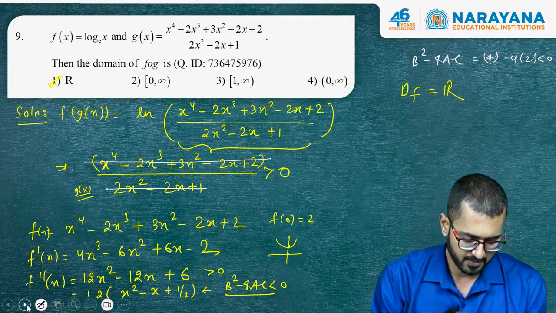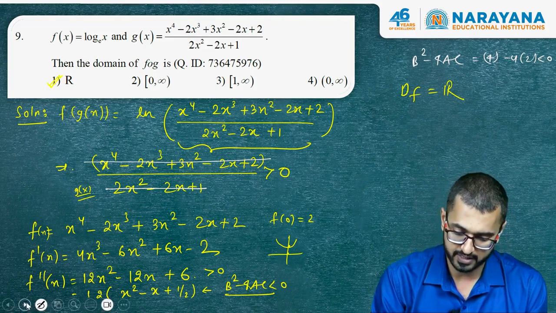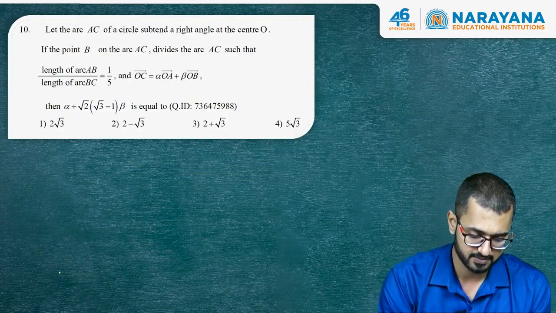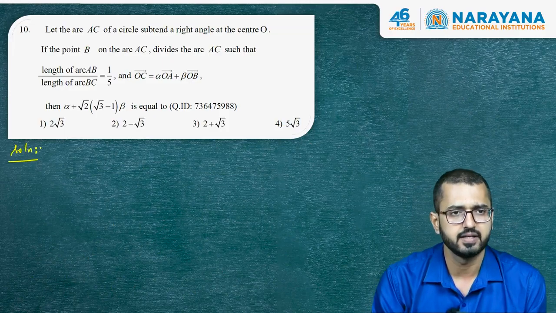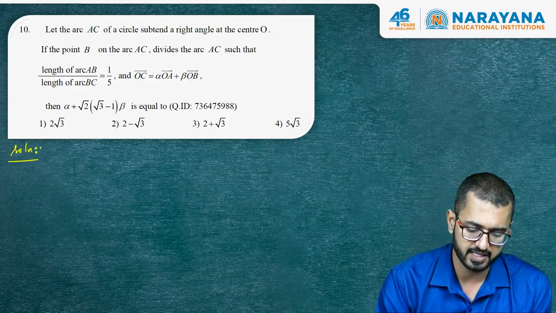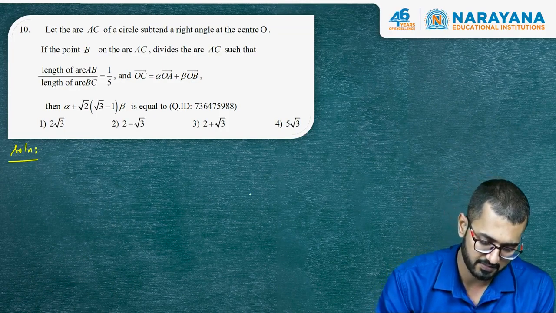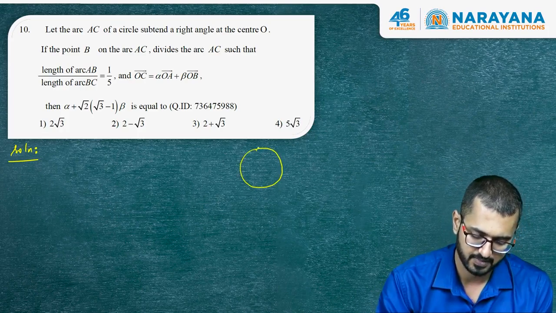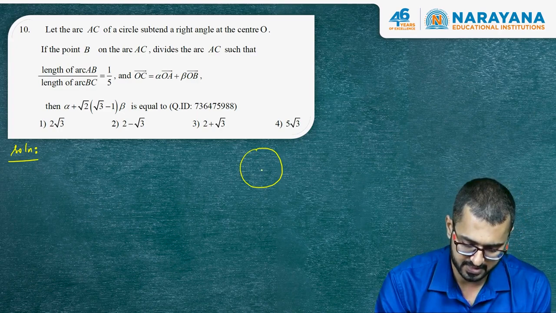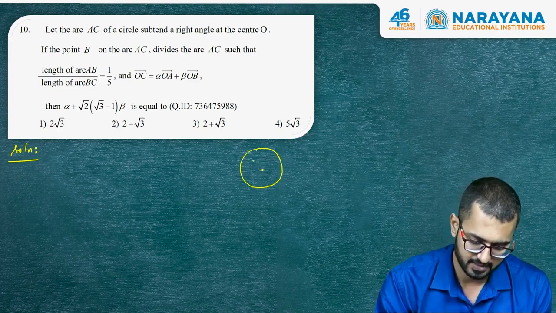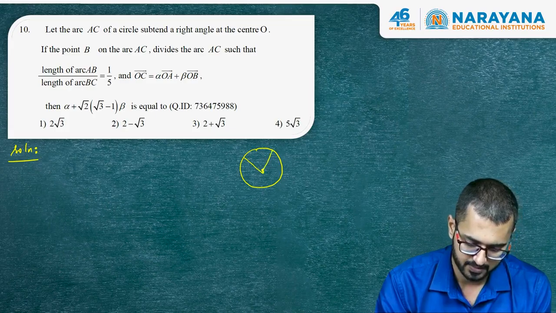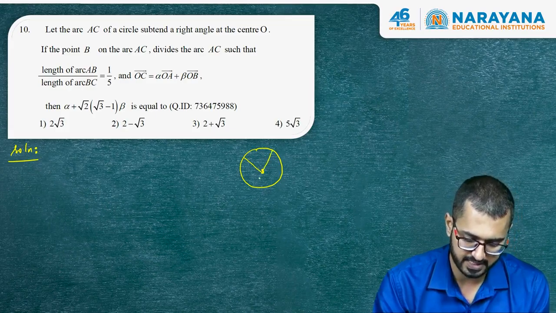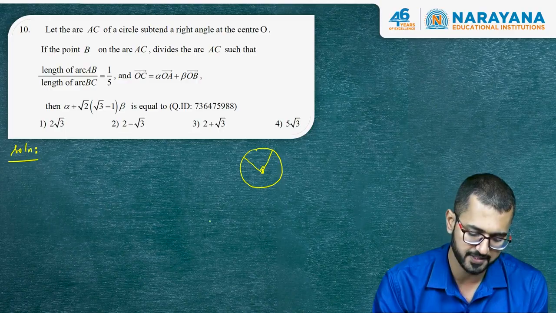Okay, so here we go for the next one. It's the 10th question. Let us see what it says. Let the arc of a circle subtend a right angle at the center. So we have a circle like this, and there is some center here, and we have an arc, and it subtends a right angle, so it is perpendicular basically here.